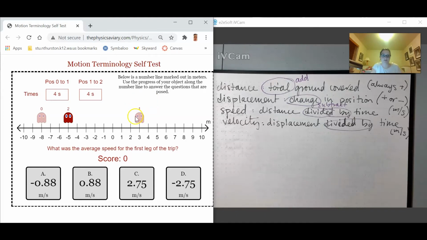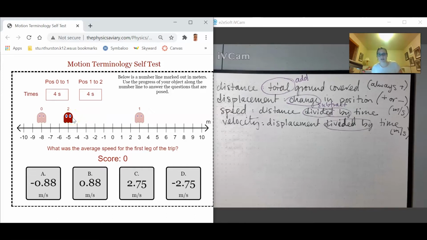From here, position 1, which is at 3 on my number line, back to position 2, which is at -5 on my number line. It says from position 1 to 2, it also took 4 seconds. So from here to here, it took 4 seconds. From here to here, it took 4 seconds.